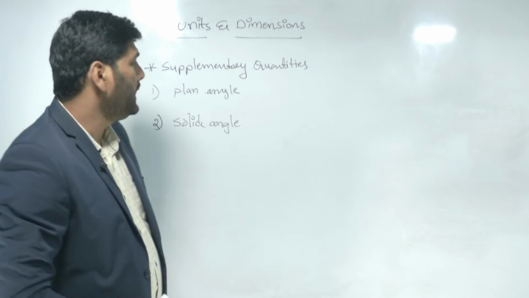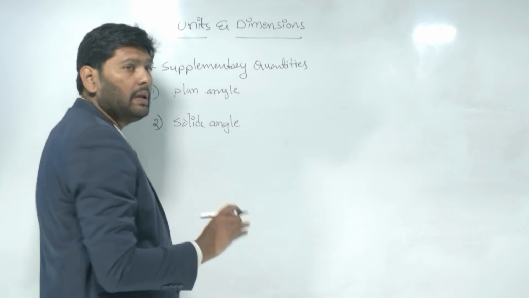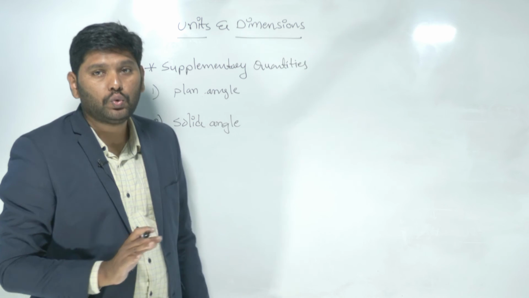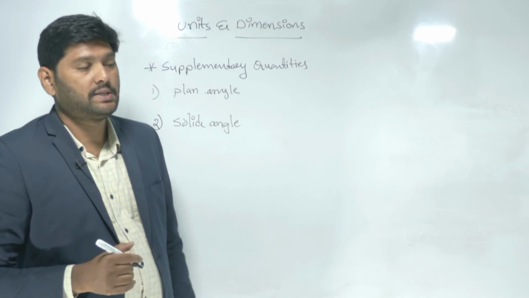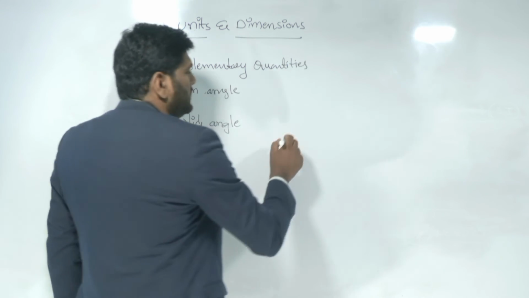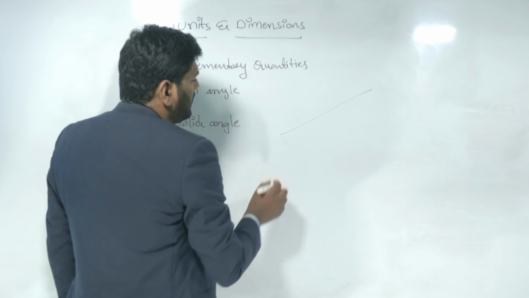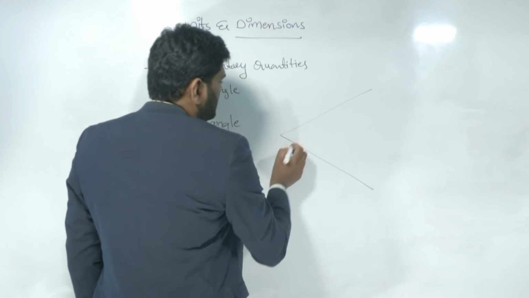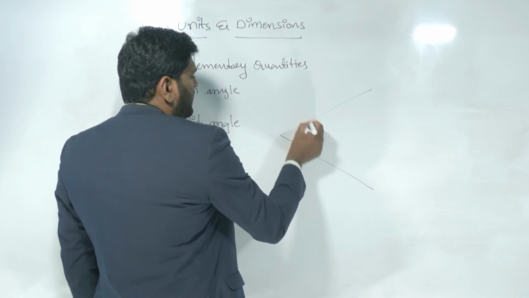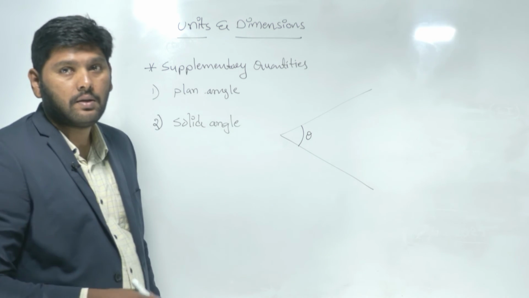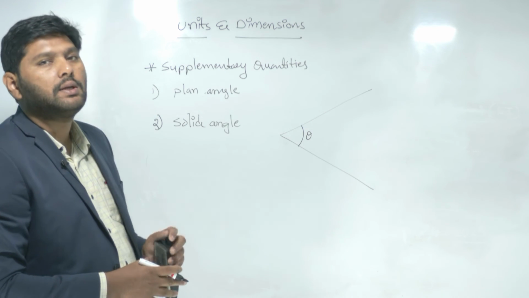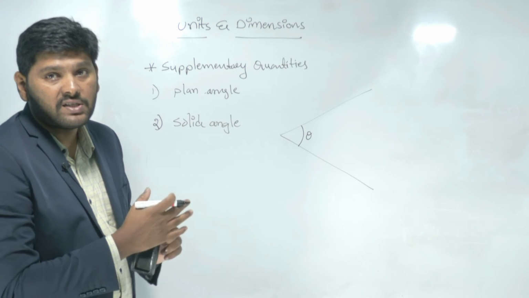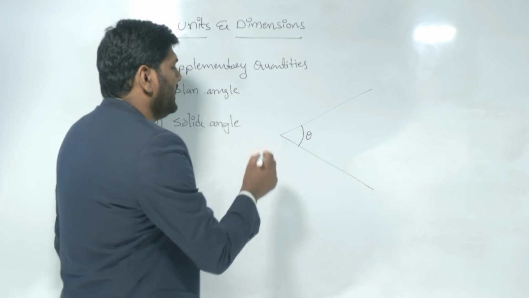Understand? So plane angle is the angle between two lines or two surfaces. For example, this is one surface and this is one surface. The angle between the two planes, or the angle between two lines, or the angle between two surfaces is known as plane angle.